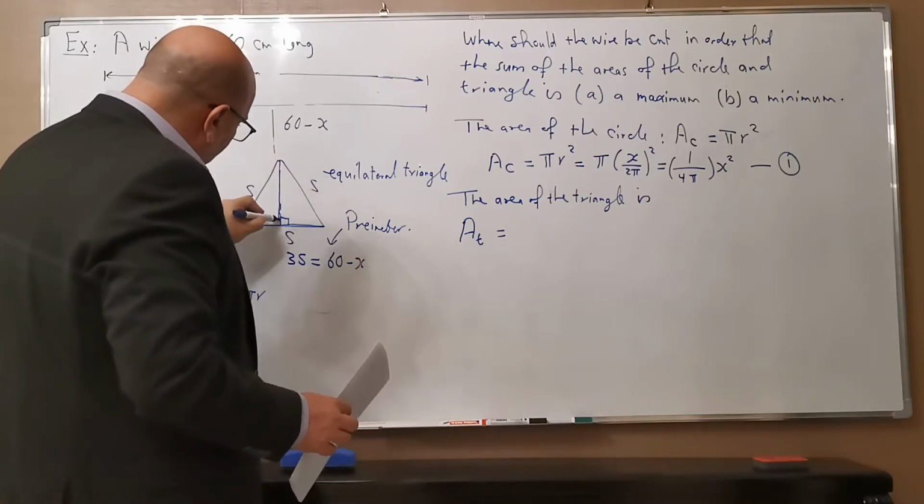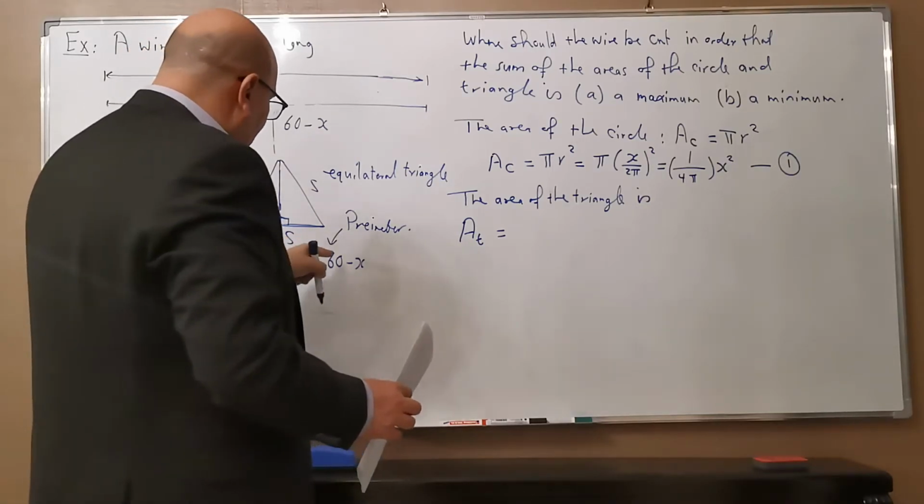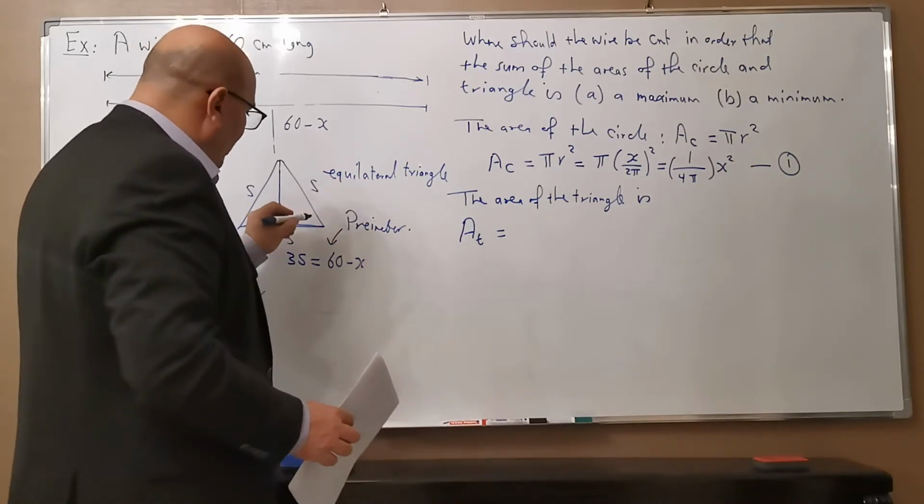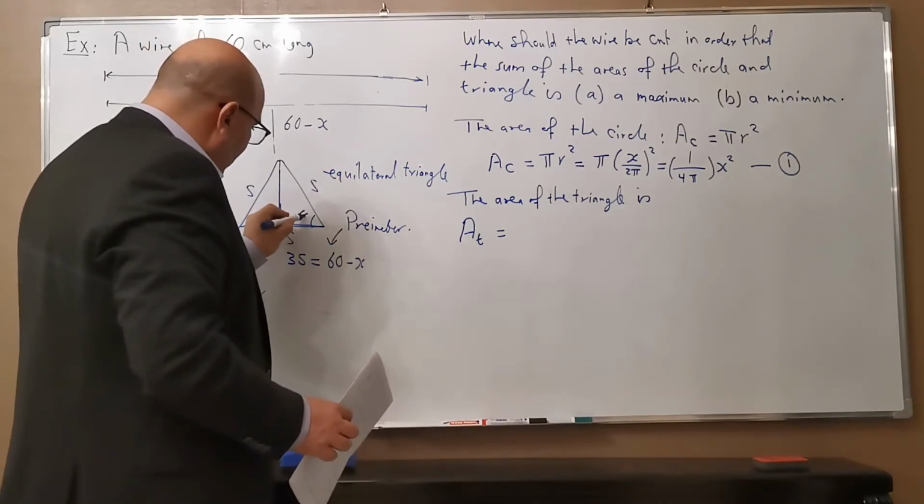Notice that this is an equilateral triangle. This means that this one is 60 degrees.